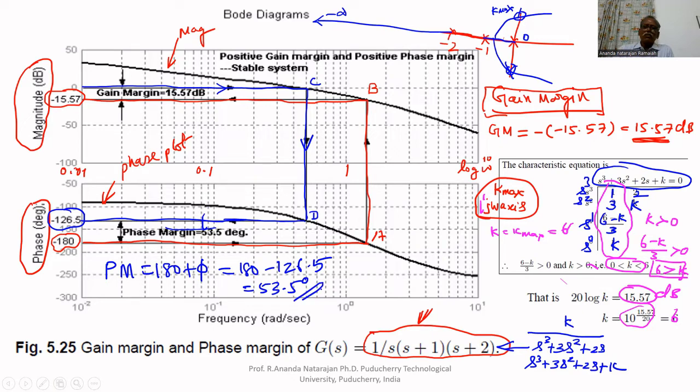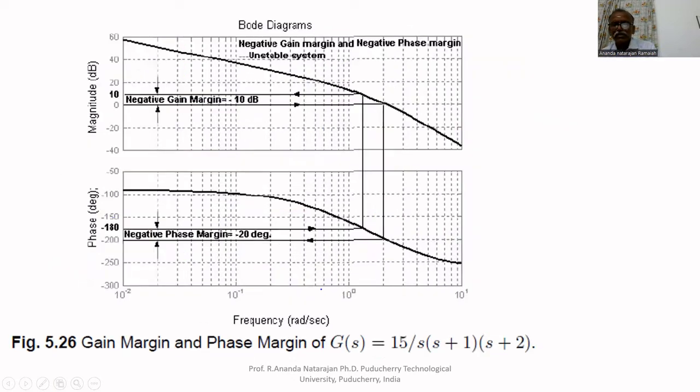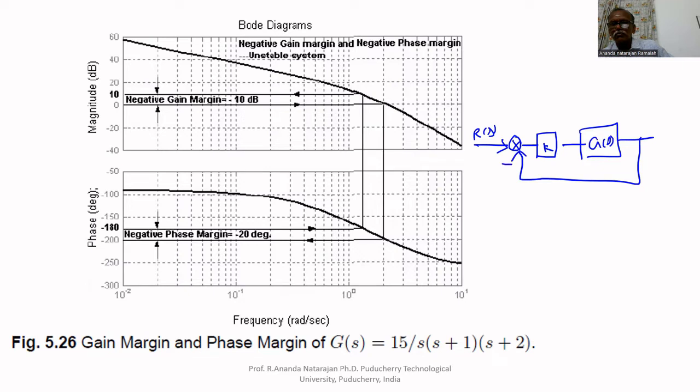The meaning of phase margin is, suppose we are having a system like this. R of S, K, this is the open loop system, G of S. Now it is in closed loop. If you increase K, that is K max equal to 6, the system will be on the verge of instability. It will exhibit sustained oscillation.